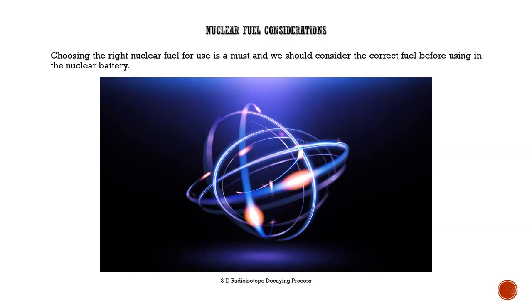Earlier we used uranium 238 for nuclear batteries, but it gives radium 226.